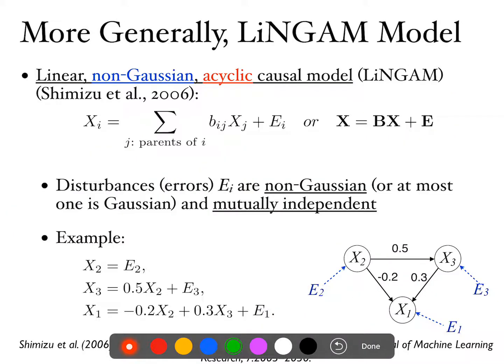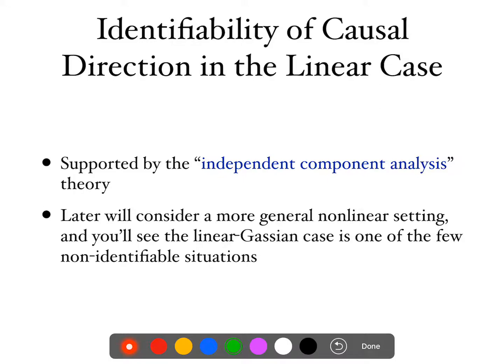Okay? More generally, we have the linear non-Gaussian acyclic model. Basically, just a generalization. Each variable is a linear combination of the direct causes or parents plus some independent noise. And you can see basically this set of structural equations corresponds to this causal graph with those parameters. The problem is how to estimate this linear causal model.